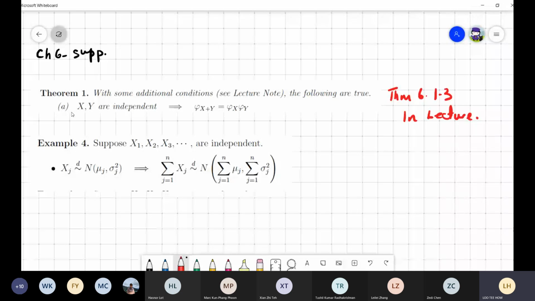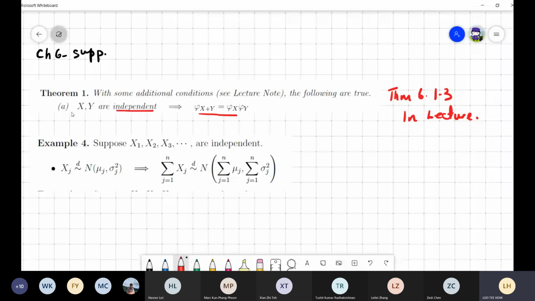Okay, we will go through several examples to see what the application for this formula is. The criteria is very easy. If we have a set of random variables x1, x2, x3 up to xn, and they are independent, then we have this formula.